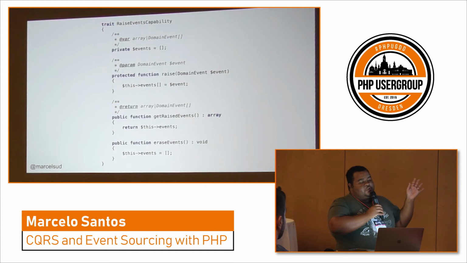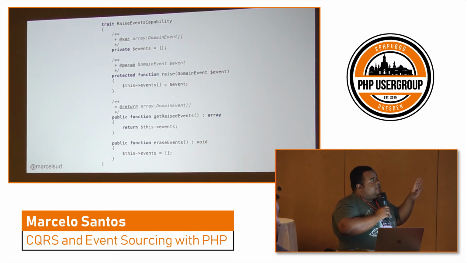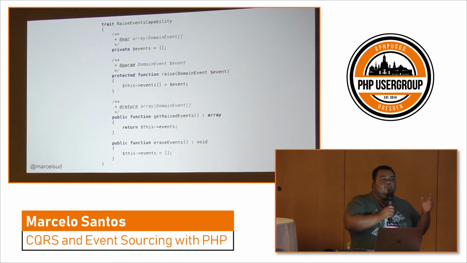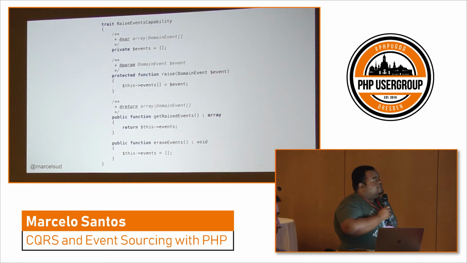What I will show here is a very naive and basic implementation of event sourcing with some CQRS in the middle. So imagine I have this trait that gives the possibility to raise and erase events on any given object.